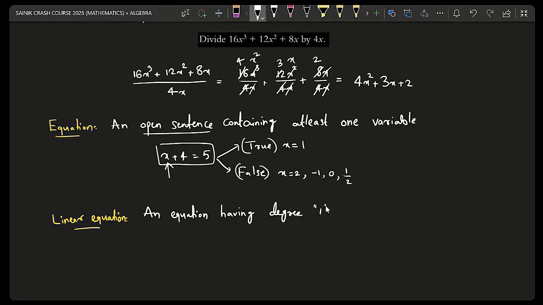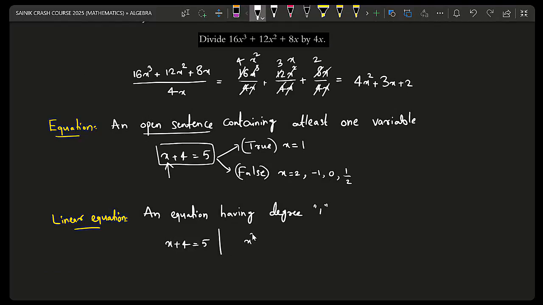Degree means, as we know already, the maximum power of the variables present in the equation cannot be more than 1. Okay, let's take an example. The example we took earlier, x plus 4 is equal to 5, is a linear equation because the degree for x is 1 here and maximum degree is 1.